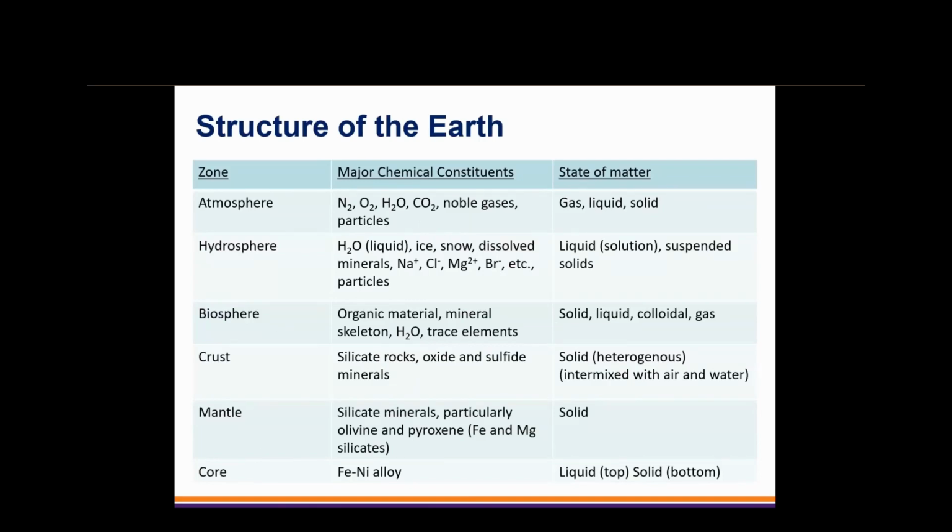The lithosphere consists of the crust and also the upper layer of the mantle, the very thin layer. And unlike the hydrosphere and the atmosphere, the lithosphere contains a lot of elements, including alkali or alkaline earth and also transition metal elements.